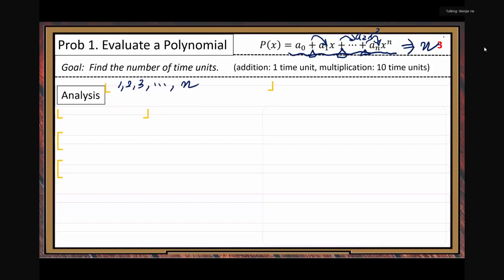But when we count the number of plus signs, we get a problem. Look at here, dot, dot, dot. In our formula, we have to skip many terms, because we need to use the abbreviation to write our formula. We cannot write out all the terms.